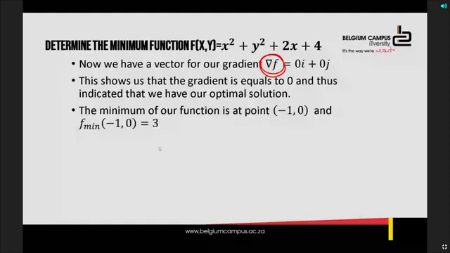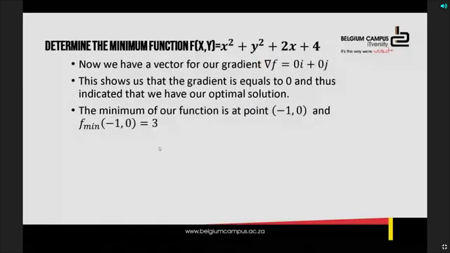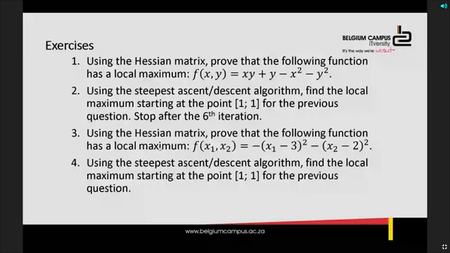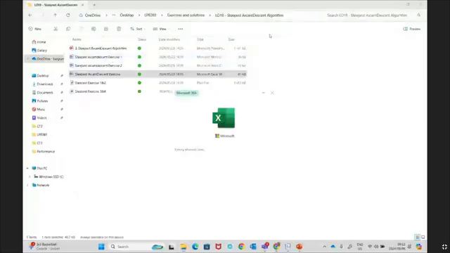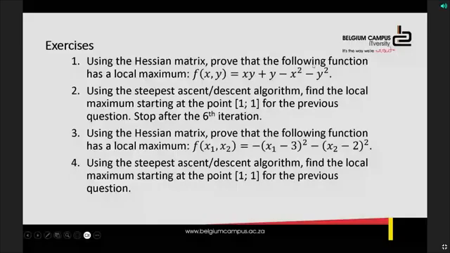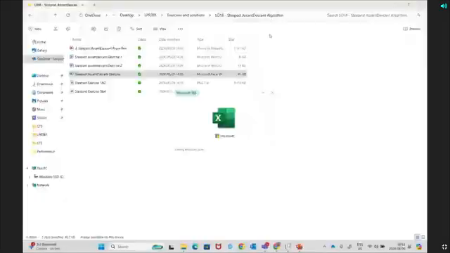Right, time for you to practice. You'll see I included questions for the Hessian matrix as well to make sure you don't forget about it. Let me just quickly check. There's one of them that's quite long and the other one's a little bit shorter. Let me compare the questions quickly.